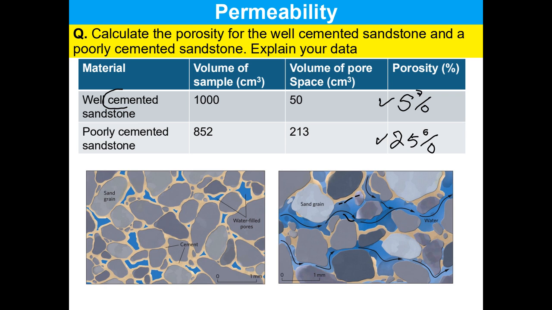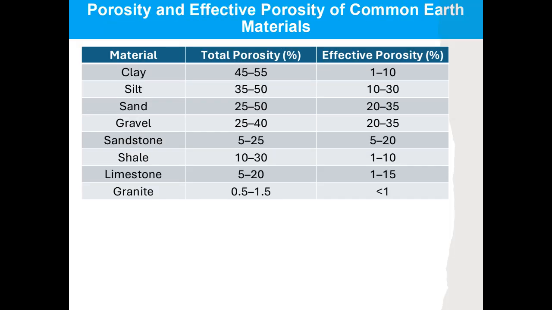So here we have porosity and effective porosity of common earth material. The thing is that when you have the porosity, it does not mean that all this porosity is useful. For example, look at the clay. Clay has a porosity up to 55. But look at the effective one, only 1 to 10.